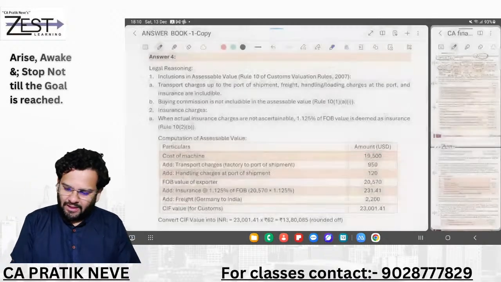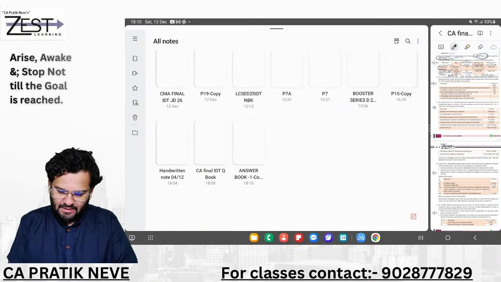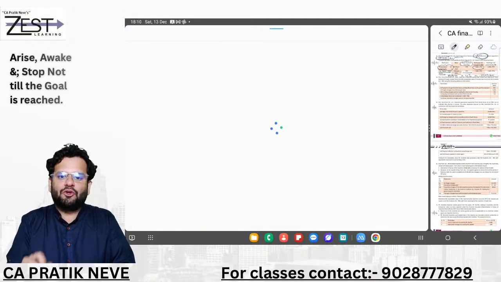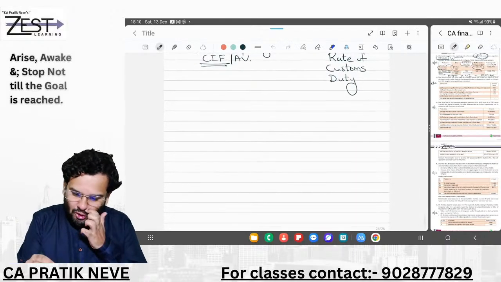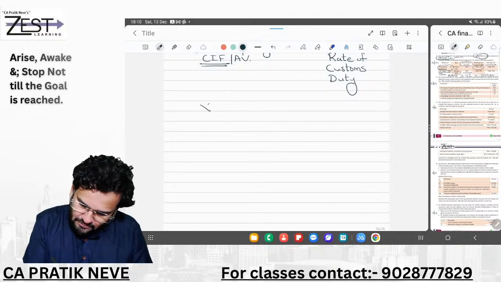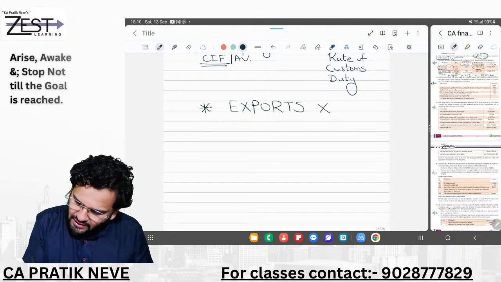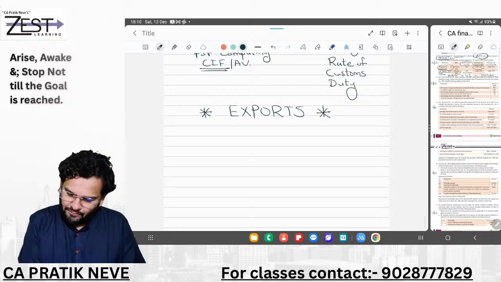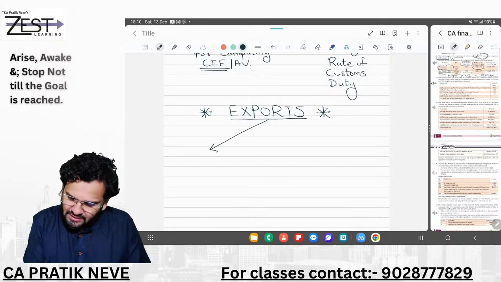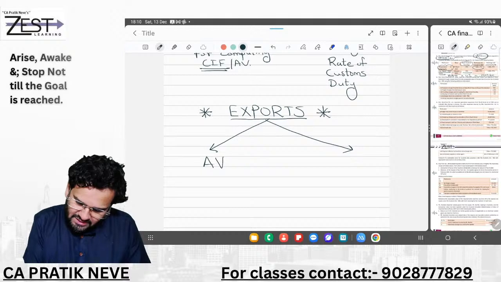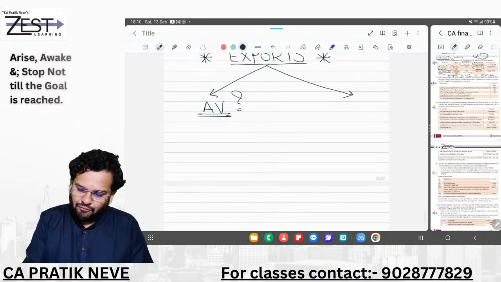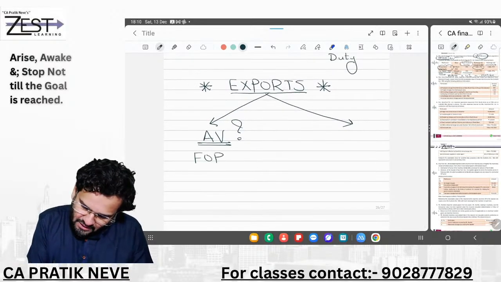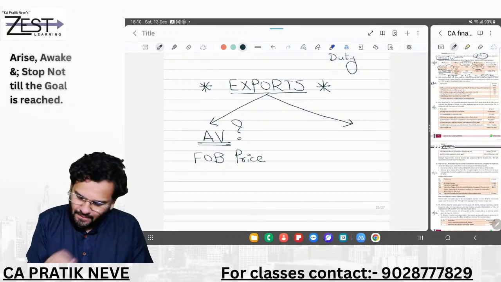Yes, before I go ahead, I want to do this summary for you. For exports, what happens? In case of exports, there are only two things that have to be done. One is, what is the assessable value? So assessable value is nothing but FOB price. Okay.